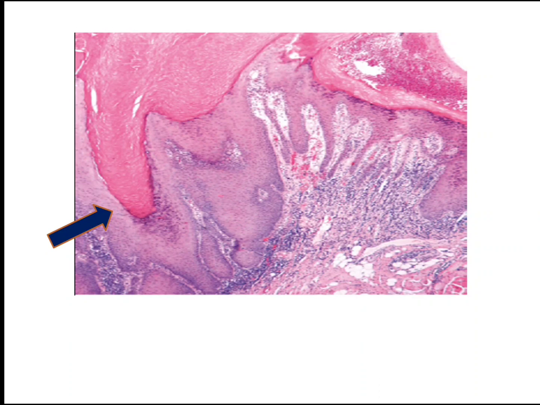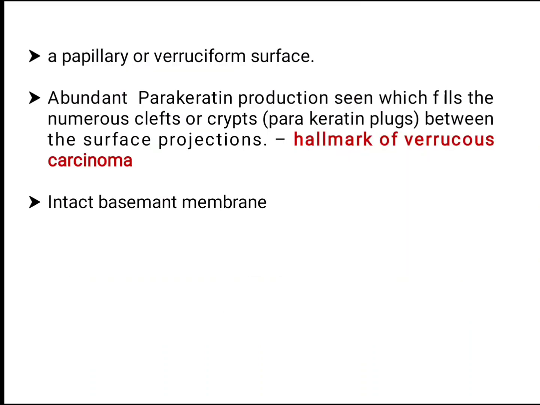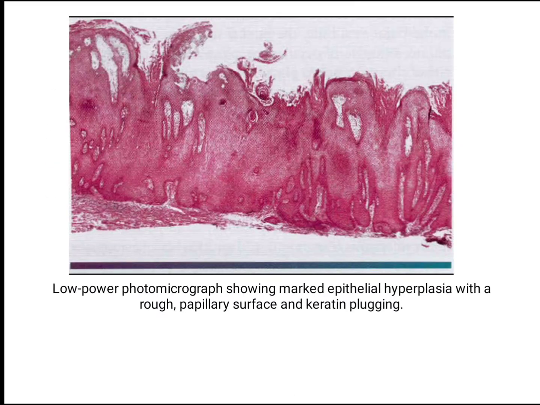See, the arrow mark is given in between the epithelium. We are seeing a cleft-like structure, and these cleft-like areas are filled with parakeratin. Okay, this is what we were talking about. Abundant parakeratin production seen, which fills the clefts of the crypt. It is the parakeratin plugs between the surface projections.